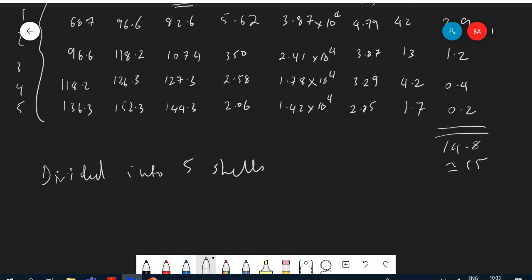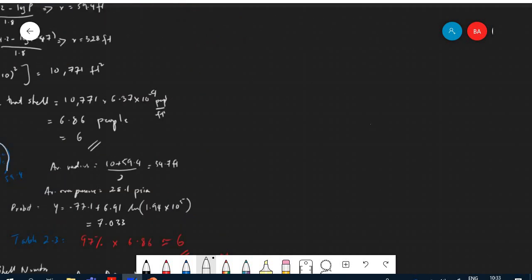And to divide it into equal shells, just to get the idea, we already know how many people per feet square, right? We already calculated how much feet square we have, and the number of people per feet square was at the top here.